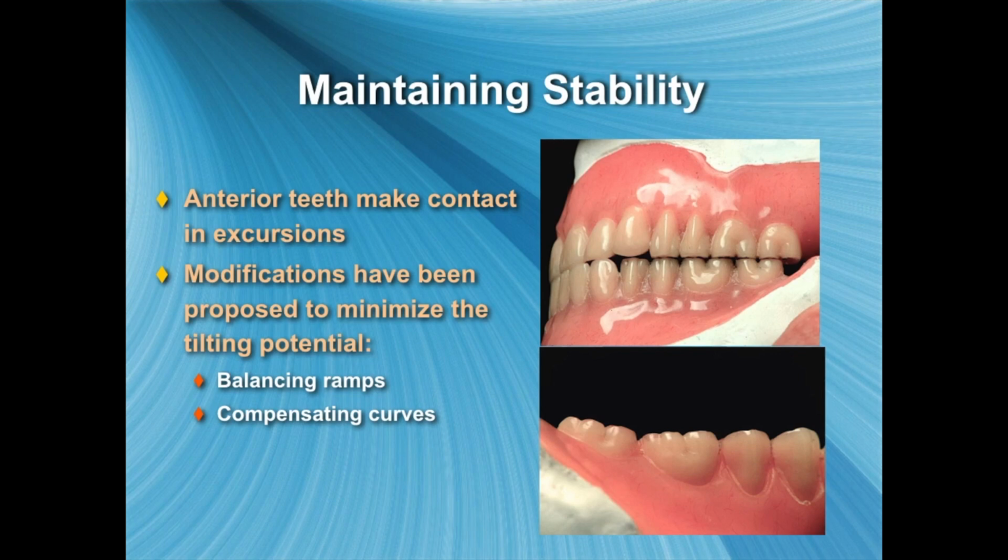Sometimes this can cause tipping of the denture, and some people have proposed modifications to the monoplane occlusion to help us gain some contact in excursions on the posterior teeth. Some of that is to create balancing ramps or a curve of Spee in the occlusion, or compensating curves, to help maintain a posterior contact for maintaining stability on the denture.